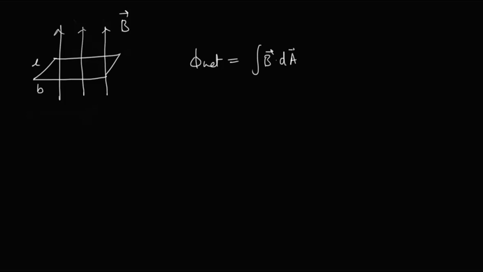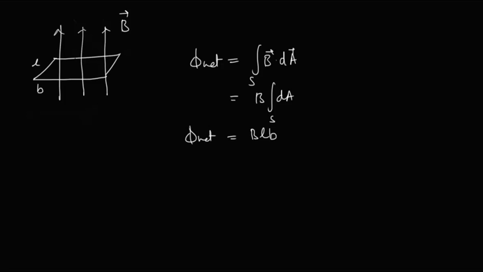B is constant in value and direction, so B goes out of the integral, and the surface integral of dA is basically L times B. This is your net flux.